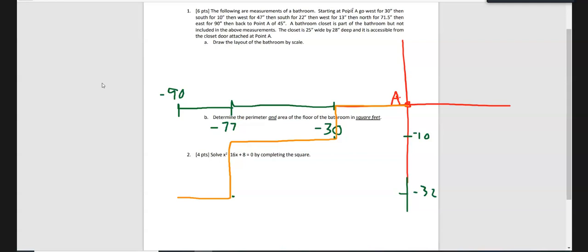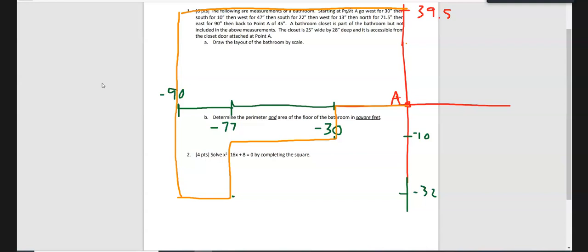Negative 32 plus 71.5 puts me at 39.5. So somewhere up here at 39.5. East for 90 inches.